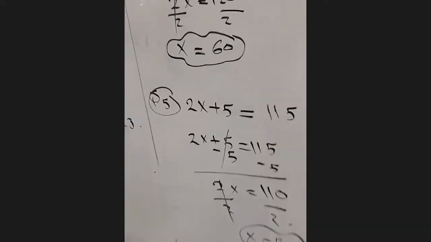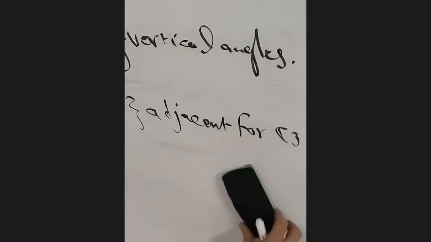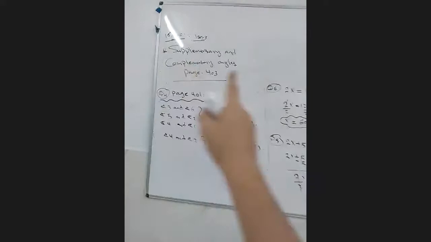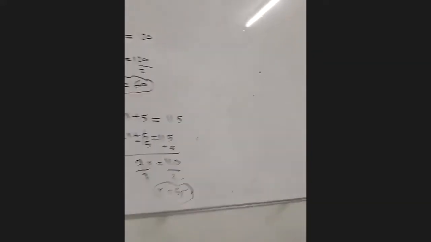Good. Now, let's go to our lesson, supplementary and complementary angles. We are on page, guys, see page 402. We have exercises here. We will go later to them and solve them together. Now, let's go to our lesson, page 403, complementary and supplementary angles.